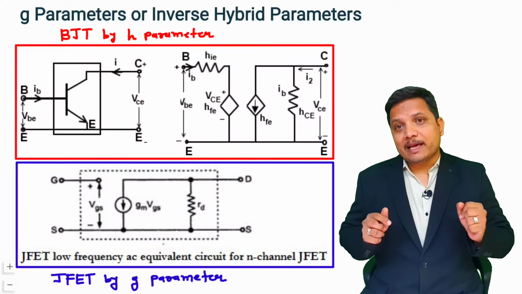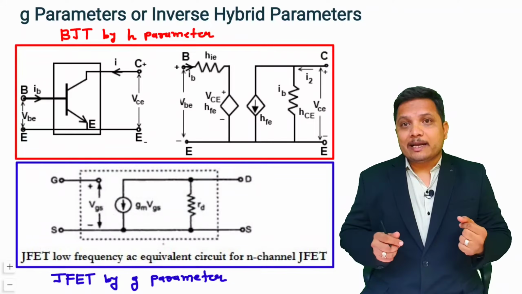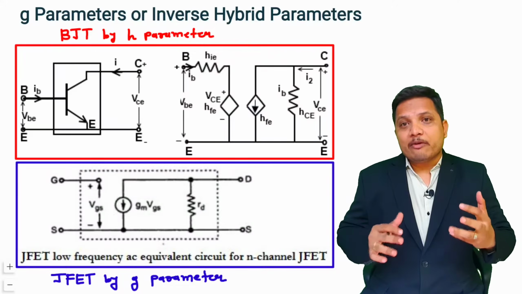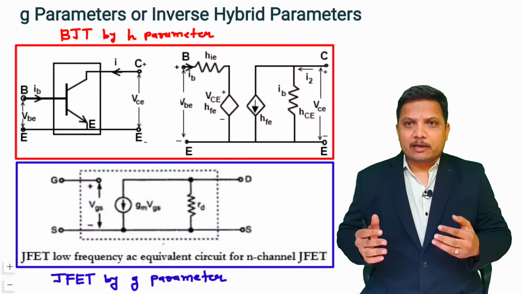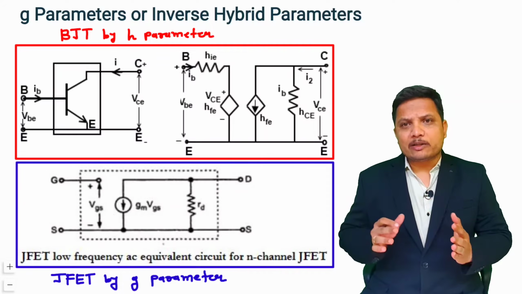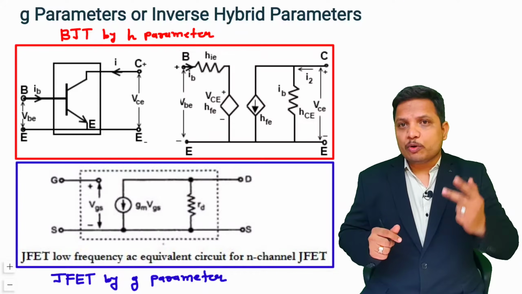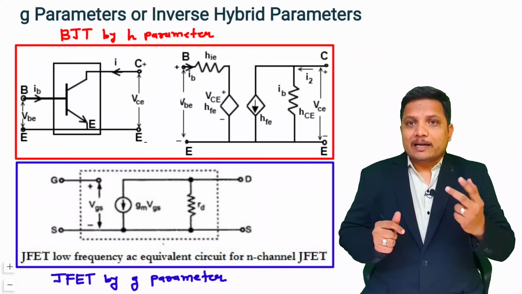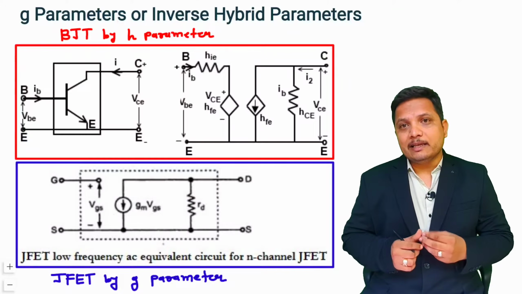That's why this is very essential. When you model a field effect transistor, you make its equivalent circuit using the G parameter. We will see that in the analog electronics part. Here I'll explain the G parameter with respect to a two-port network. So let us first write the application of the G parameter in JFET.